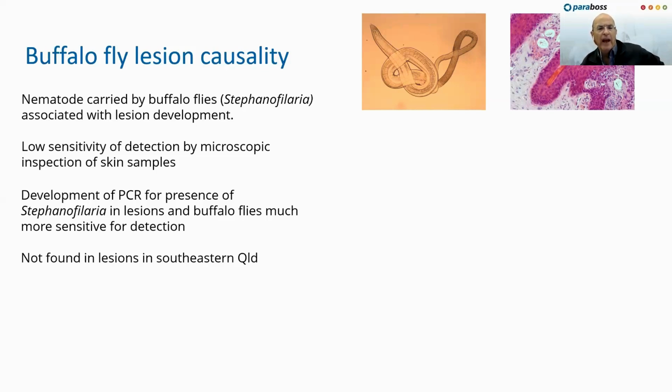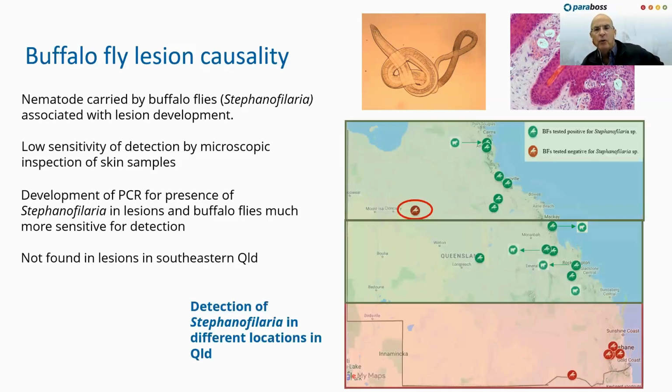And then we looked at the presence of these nematodes in flies and in lesions in north, central and southern Queensland, and indeed in northern and central Queensland we found Stephanofilaria there pretty much all the time.